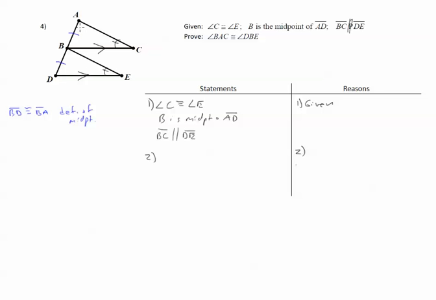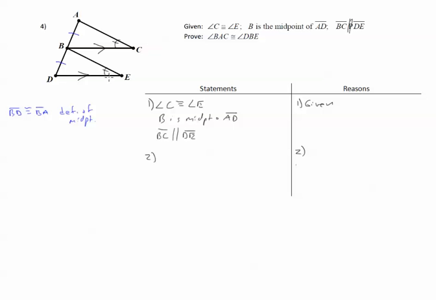Can I make a statement about angle A and angle B? I don't have anything to relate angle A and angle B. I don't have really anything to relate the other sides either. But here's what I do know: segment BC is parallel to segment DE. So I may be able to use some transversal knowledge.